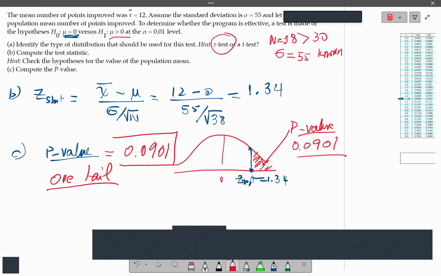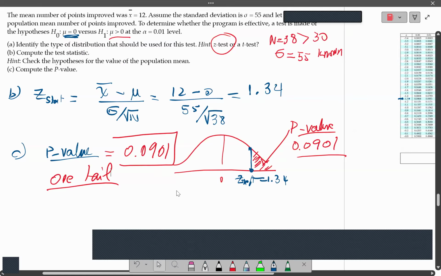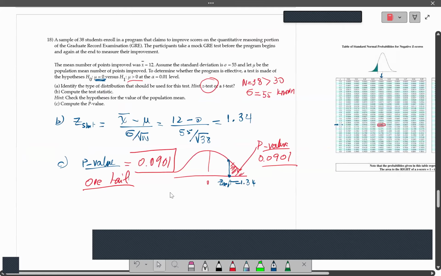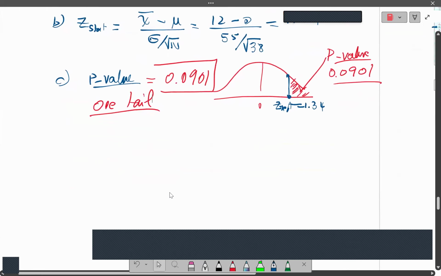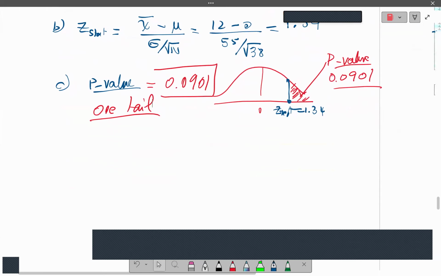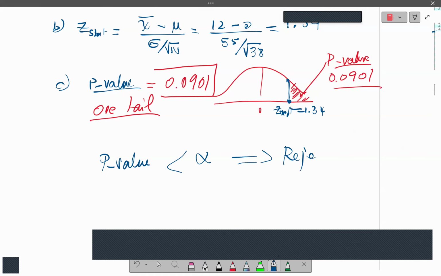Now, they could have gone with another conclusion. Do you accept or reject the null hypothesis? So if you have the p-value, the statement is still the same. If the p-value is less than the alpha value, the conclusion is always reject.